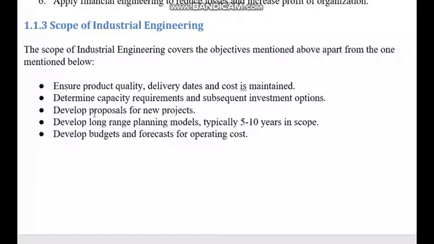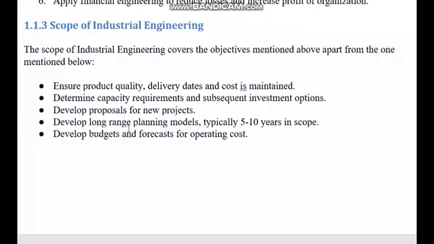To develop proposals for new projects. Suppose your workplace layout is not sufficient, your machines are not sufficient, or your shop floor is not sufficient, then you may have to go for expansion or setting up of a new plant altogether. The development of those proposals for the new projects also comes under industrial engineering. To develop long range planning models.